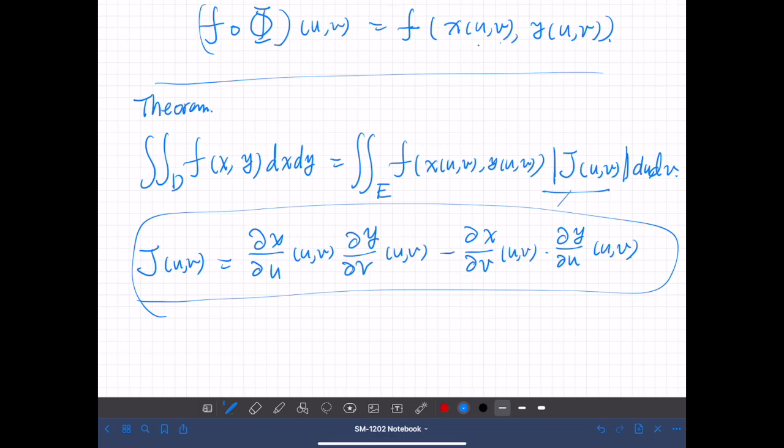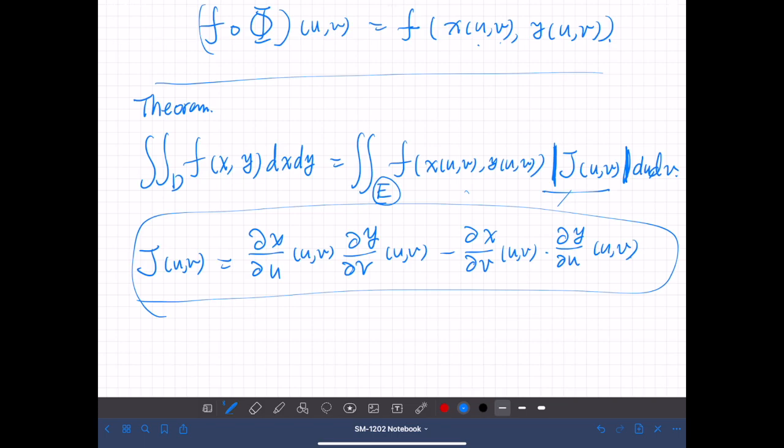We need the absolute value to make it positive. So that's how we can carry out the integral by changing variables. Since this E is a rectangular region, we can readily carry out this integration by iterated integral.